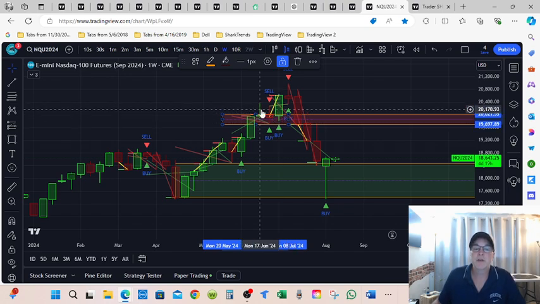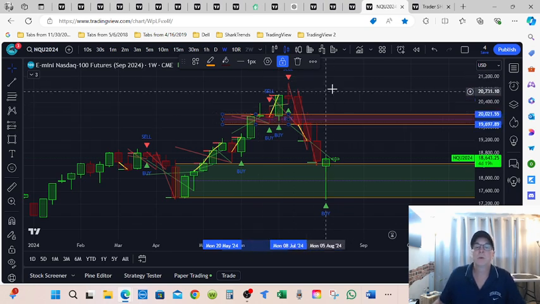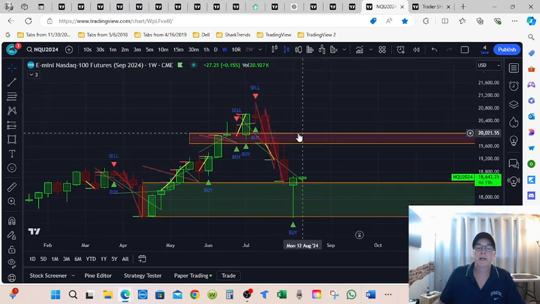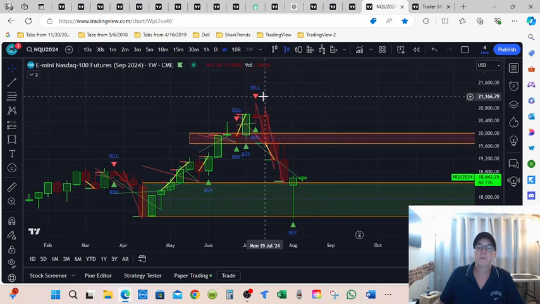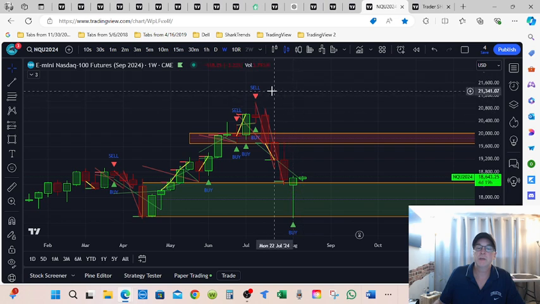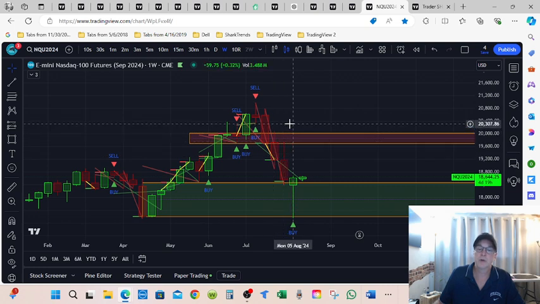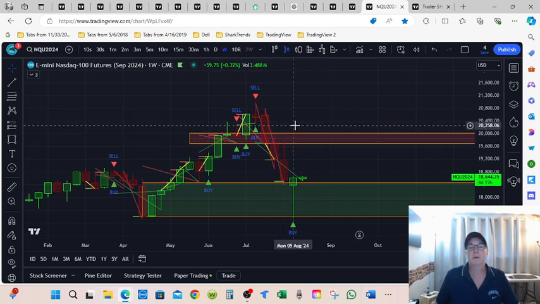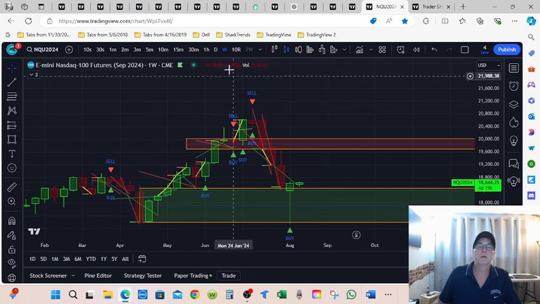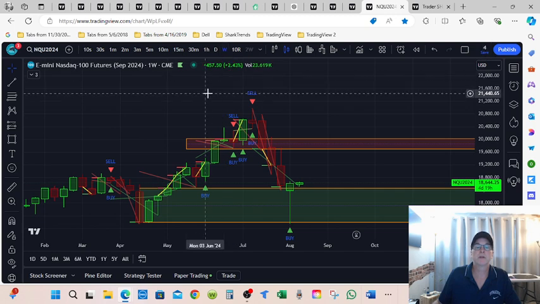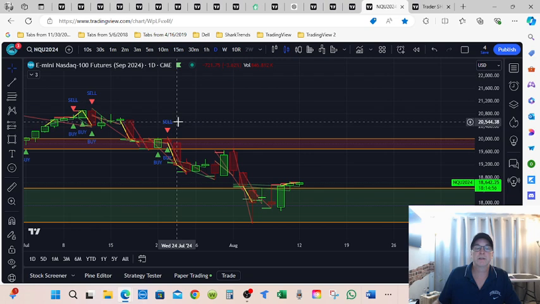So I don't have any other buy side liquidity up here, so anything that trades above here is pretty much going to be a sell because it has no buy side liquidity to support it. So I'm going to go from my weekly chart to, let's see what it looks like on a daily.